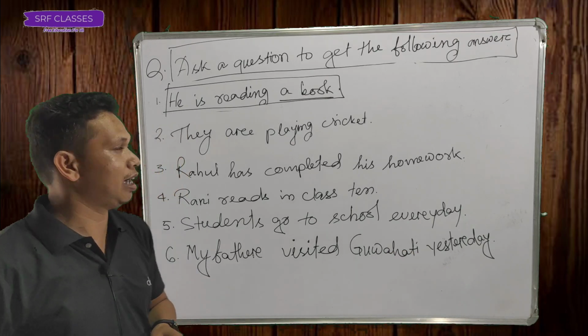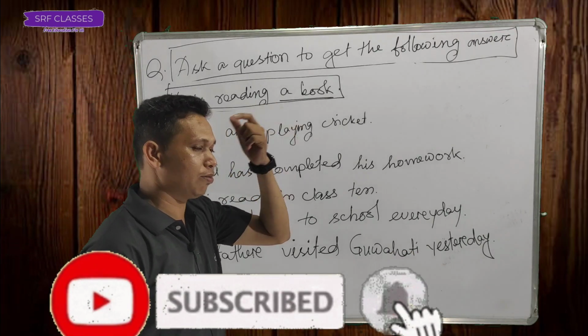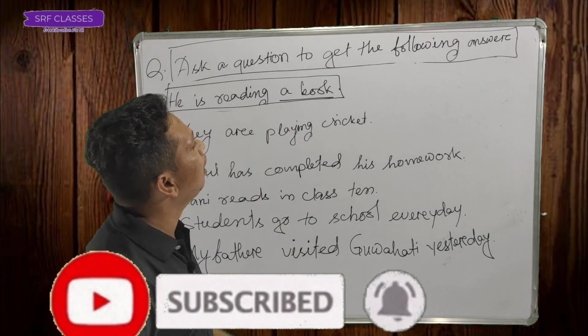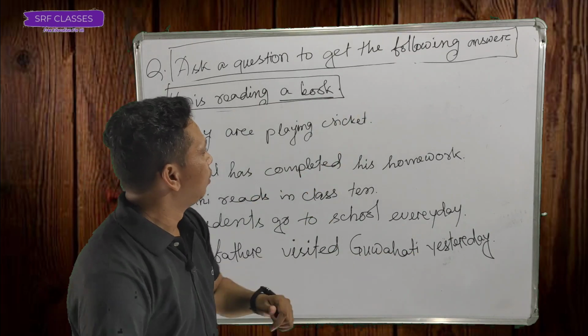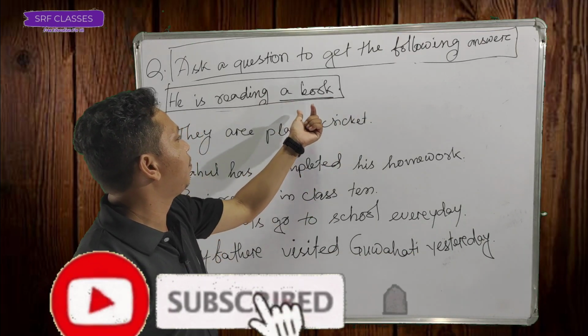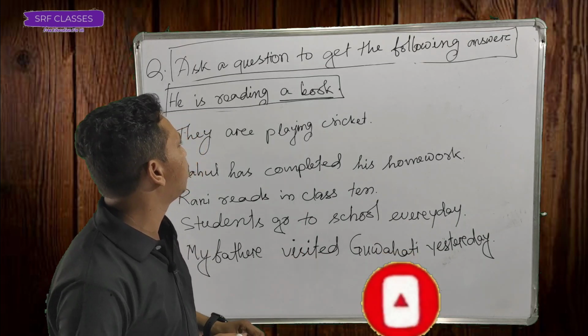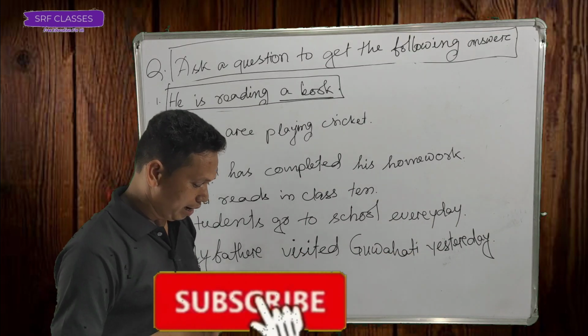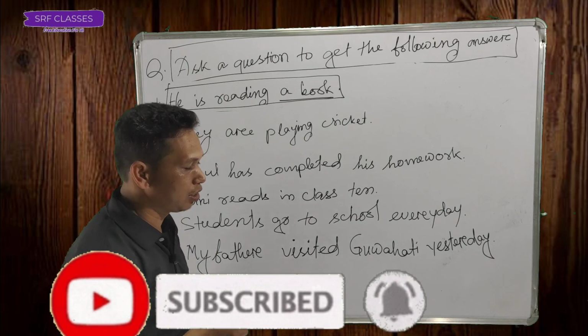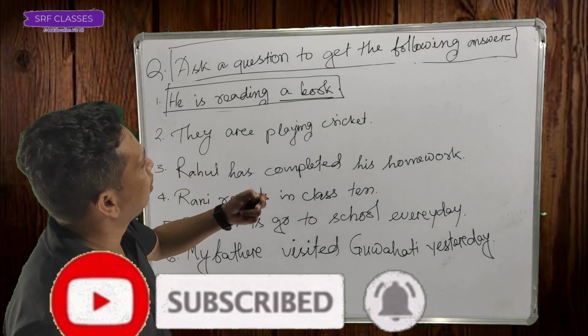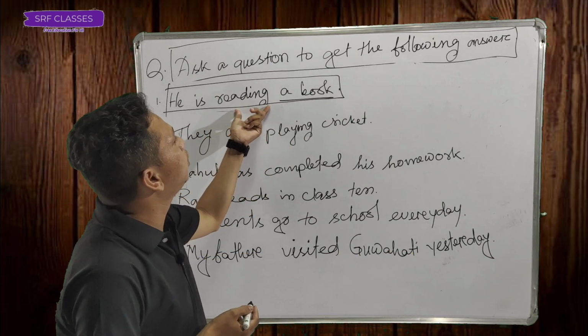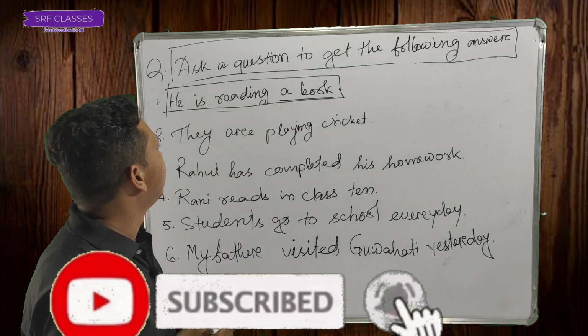Before that you need to understand how to change a sentence from positive to negative and interrogative. So in my previous video I taught you how to change a sentence from positive to negative. I didn't teach you how to make a sentence interrogative. I will teach you in a separate video, but today we are going to discuss this.